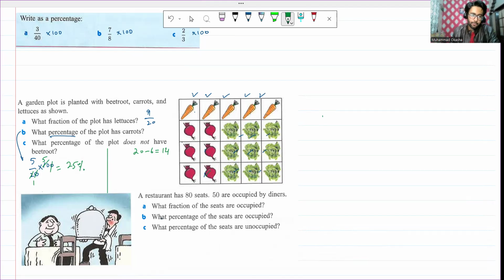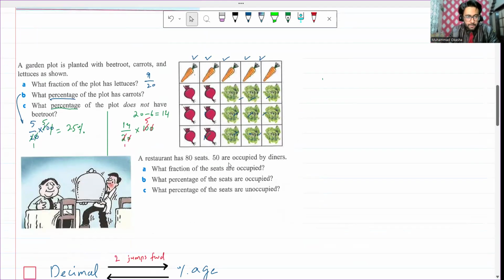So I'm supposed to write it as a percentage. So I'll write 14 over 20 multiplied by 100. And you can work it out, cancel out the zeros. 2 1s are 2, 2 5s are 10. 14 times 5 would be, you can work it out and you'll get the percentage.